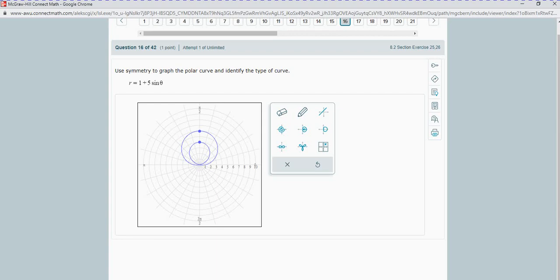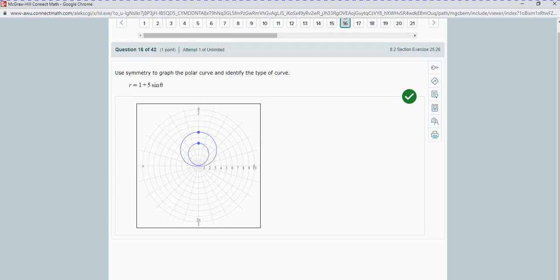So once we have that, we have the whole shape. It plots everything. And notice all those extra points that we didn't plot by hand are already plotted just by the shape tool. So let's check the answer, see if it likes it. And sure enough, there we go. So that's plotting a limacon with a loop in the Connect Math and ALEKS system.